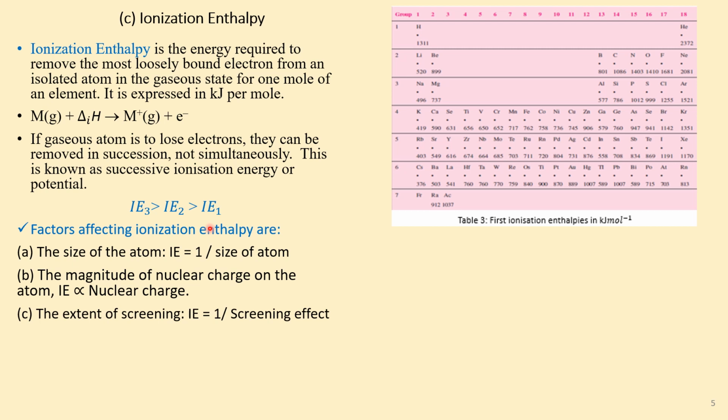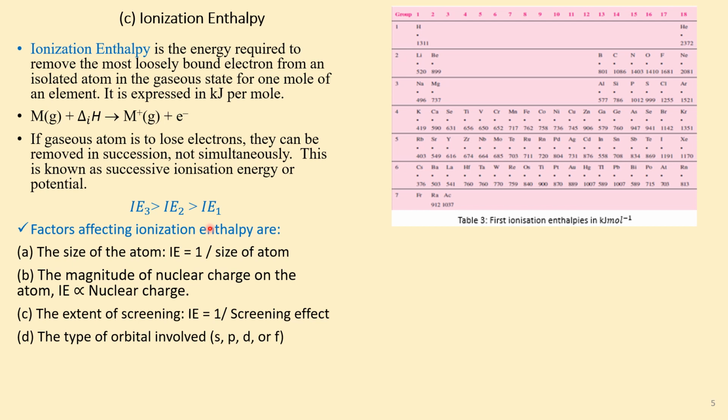Screening effect: ionization energy is directly proportional to 1 over screening effect. The type of orbitals involved, that is s, p, d or f, is explained in the next slide.